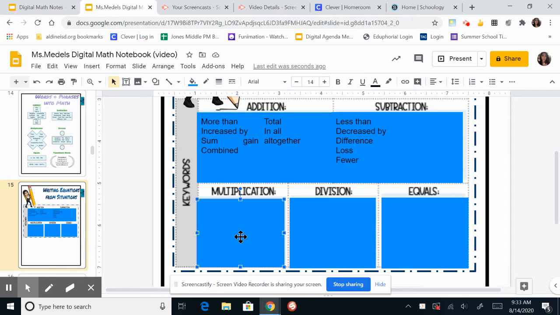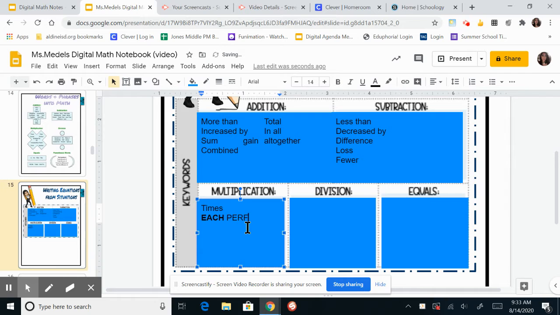In multiplication, they're going to say words like times a number. What I really want you to pay attention to is the word each. And I'm actually going to bold that because that is a key word, and you're going to see that in a minute.